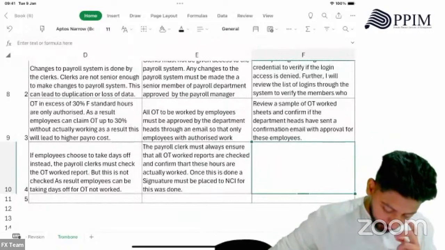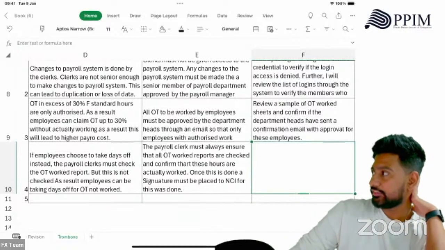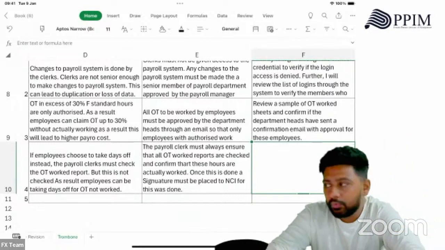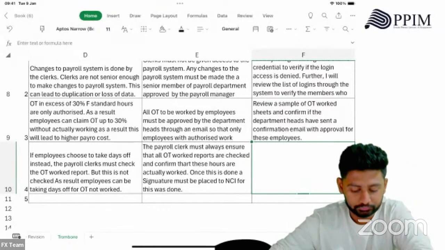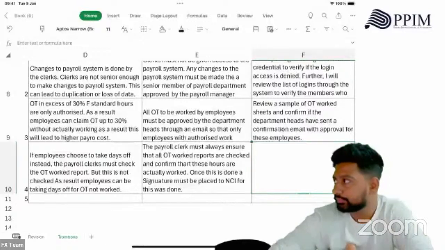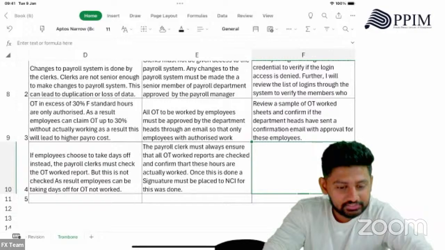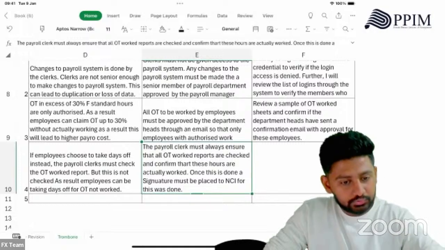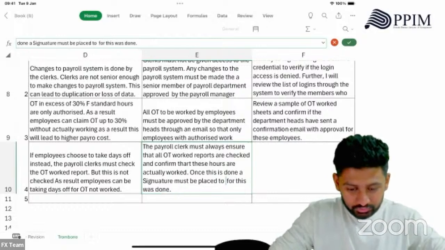Now, how are you going to confirm this? Yeah. Review a sample of emails... no, not emails.